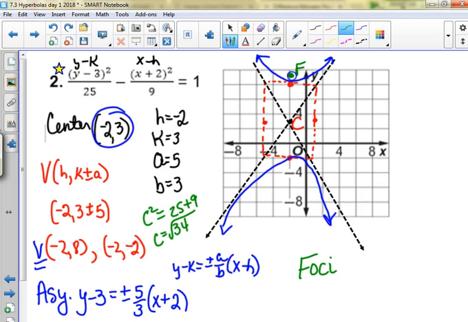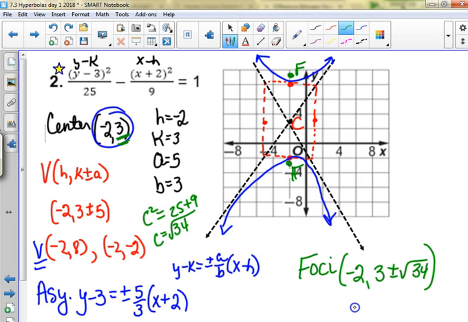Inside of here, there's a focus there and one down here. Okay? So we added and subtracted onto what in the case of this, when it's opening up and down? We're going to add and subtract it onto the y, or here the 3. And that's all on your sheet. It says the focus is at h, comma, k plus or minus c. There's going to be negative 2, comma 3 plus or minus square root of 34. And since that's an ugly decimal, we can leave it that way.